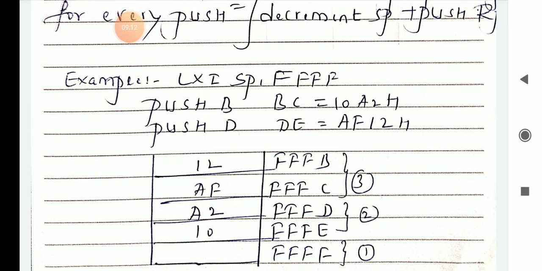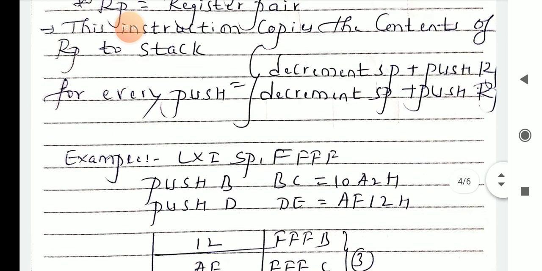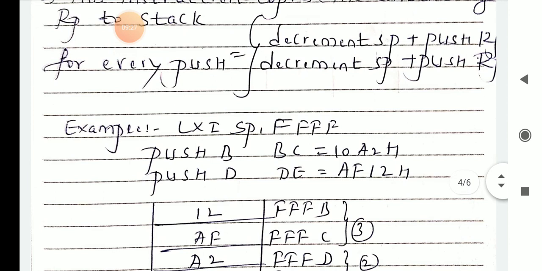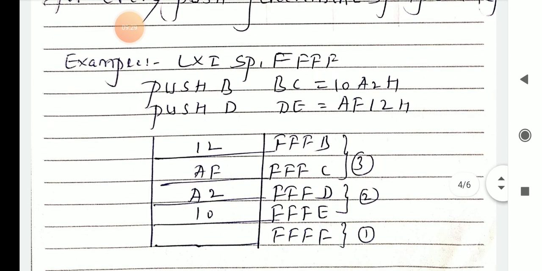Next, FFFD or FFFE. First, for PUSH B, you decrement the stack pointer. Then you write the push of the high bit, that is 10.